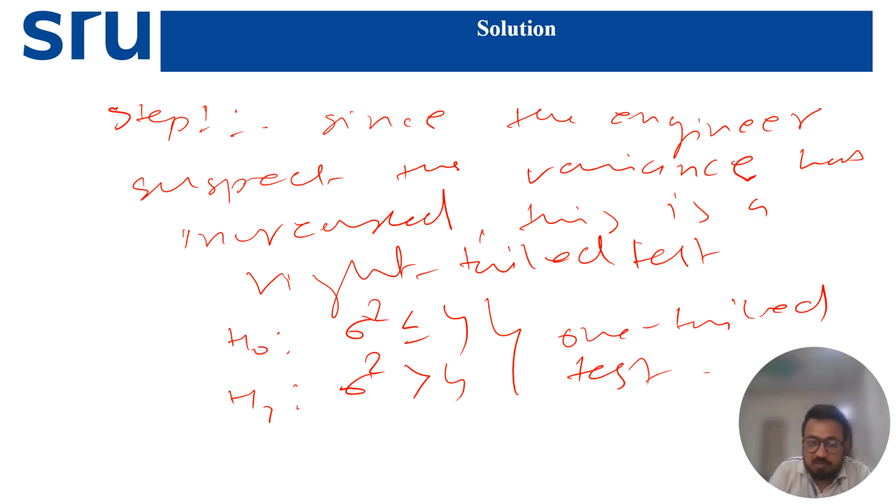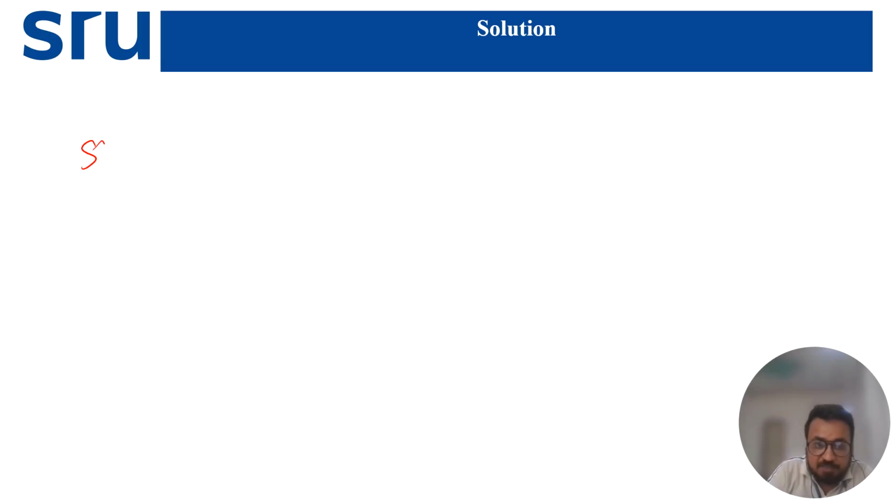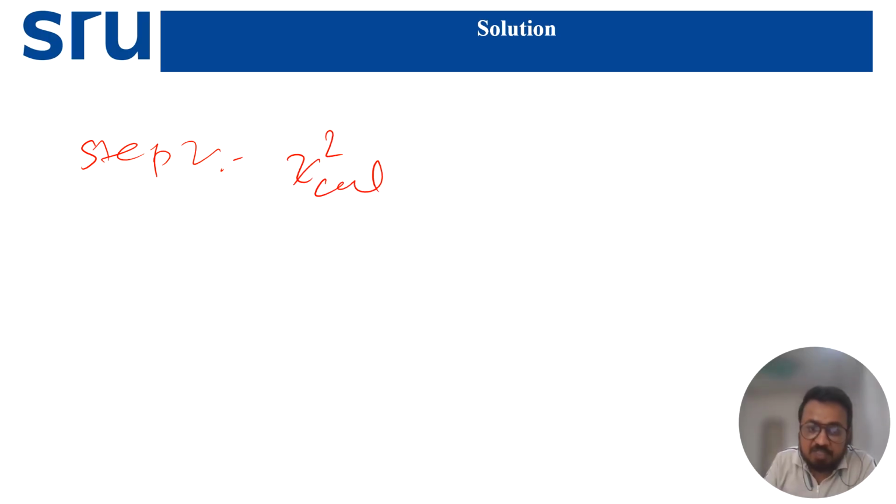Next, in step 2, we will find the value of the chi-square statistic, the chi-square calculated value. The formula is n minus 1 into s square by sigma naught square.